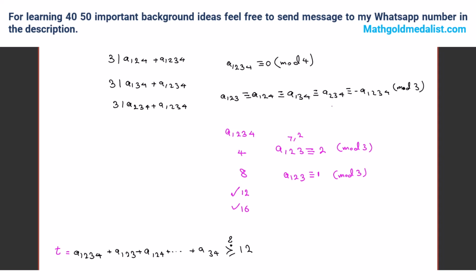And how many of these things do we have? 4. 4 times 2, 8 times 4, at least 12, right? What about this case? Exactly. So for both cases, by this approach, we prove this, right?